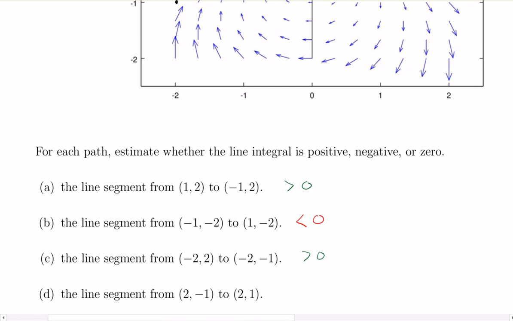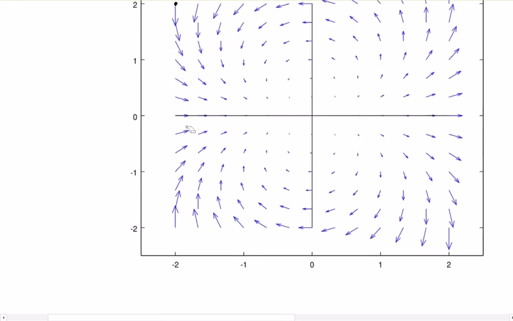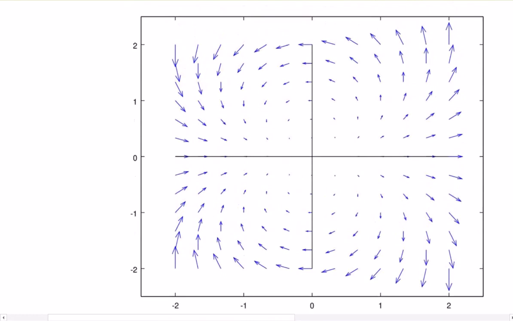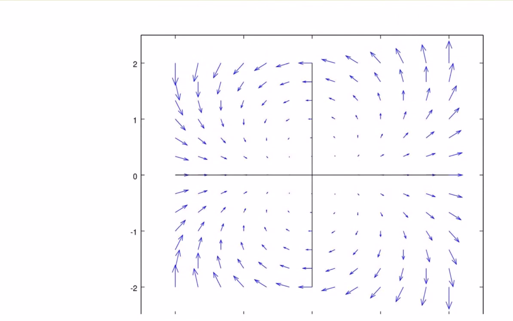Now finally, let's look at part D. It goes from (2, -1) to (2, 1). So (2, -1) looks like it's here, to (2, 1), which is here. So we're going straight up.